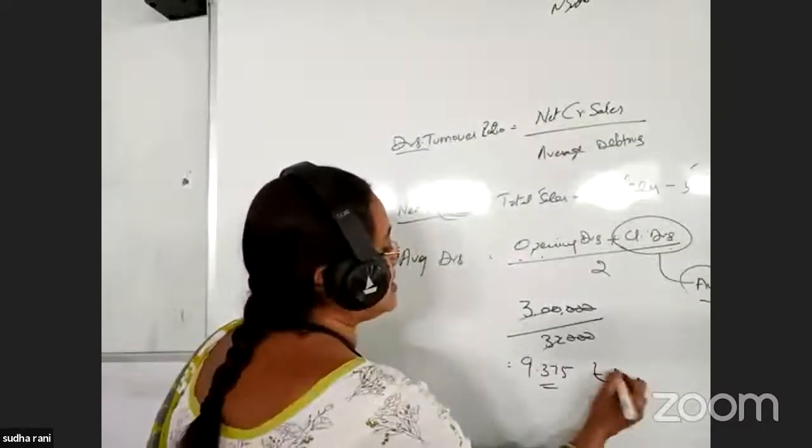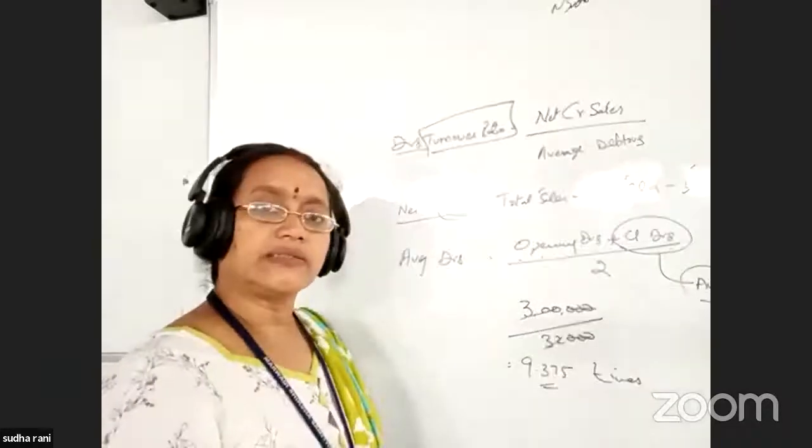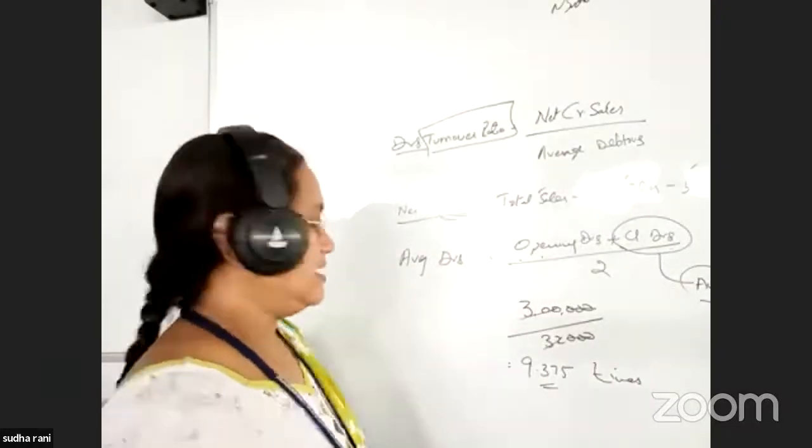For debtors turnover ratio, we express the answer in times. Okay? Very good. 9.375. Very good.